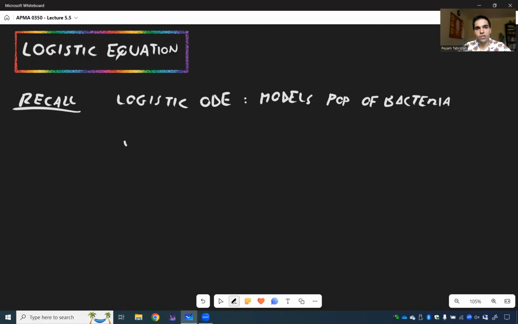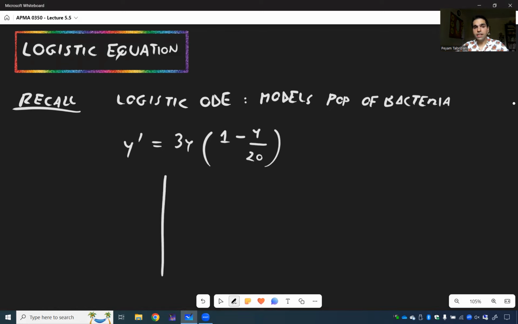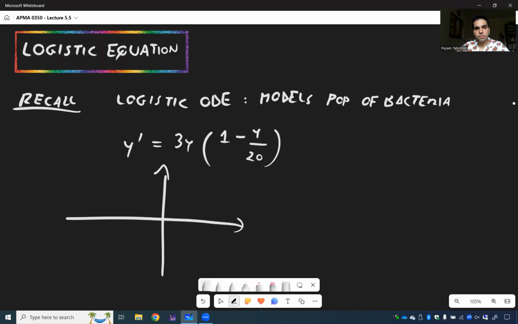In fact, the problem we tried to study was y prime equals 3y times 1 minus y over 20. And what we were able to do was describe it qualitatively, and we got a curve similar to this. Namely, we had our equilibrium solutions, y equals 20 and y equals 0.